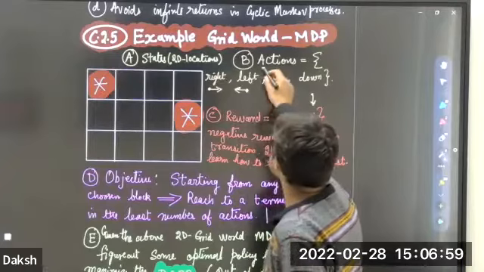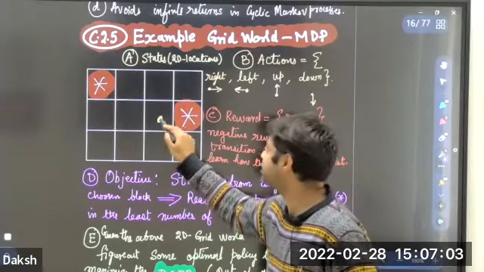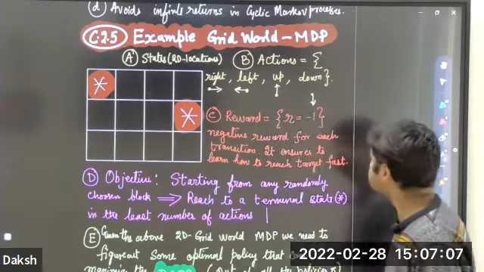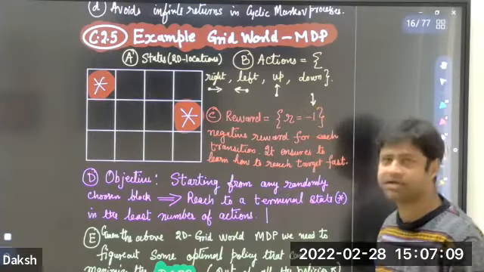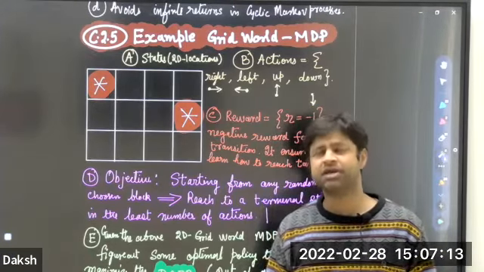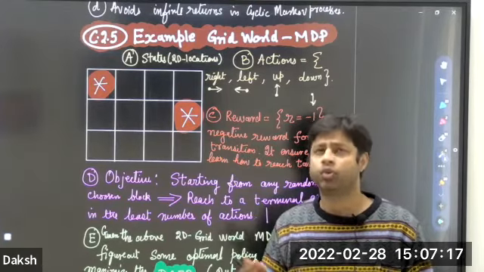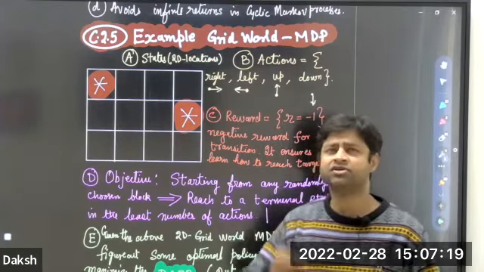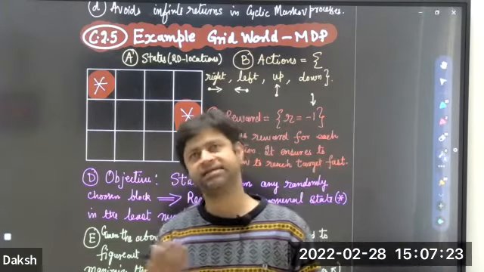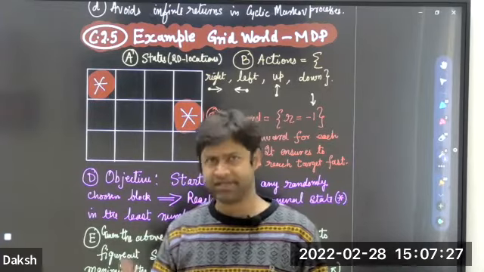So actions are left, right, top, bottom, because at any location you can go this way and this way. Rewards can be +1 and -1. So here reward is not going to be +1 at any time, because we wanted to get you out as fast as possible. So if you are taking one step, that is -1. If you take more and more steps, your rewards need to be decremented.